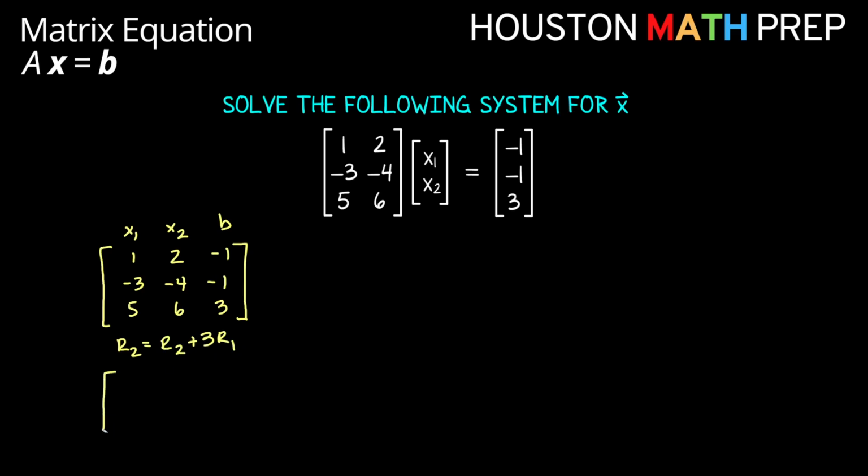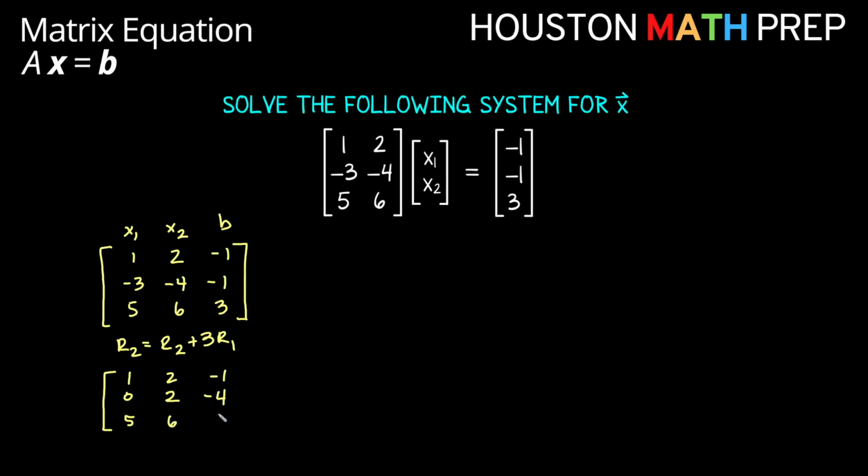And if we write that down for the second row, -3 plus 3 of those 1s would give us a 0. 3 of these 2s would make 6, so -4 plus 6 would give us 2. 3 of these -1s would be -3, and if we add that to the -1, that would be -4. We'll go ahead and copy everything else down.